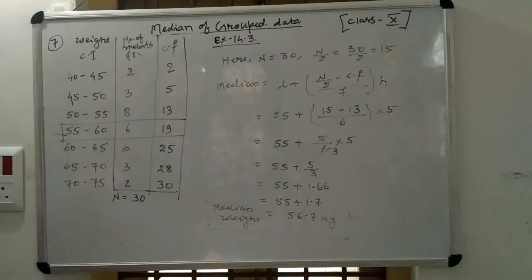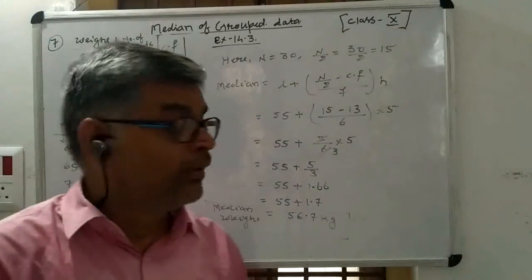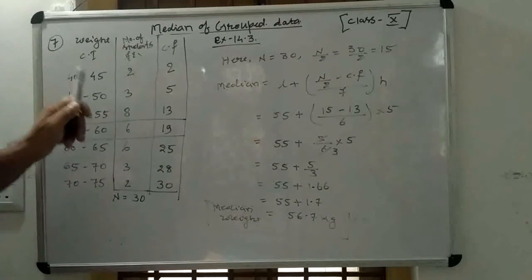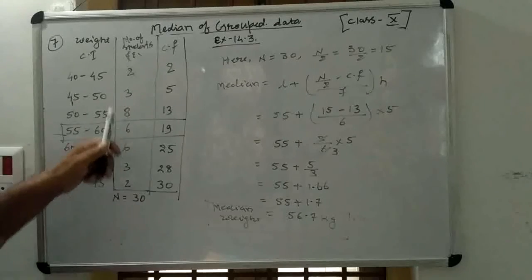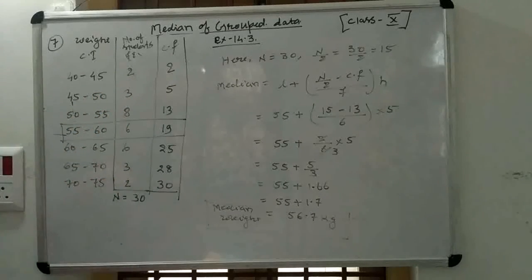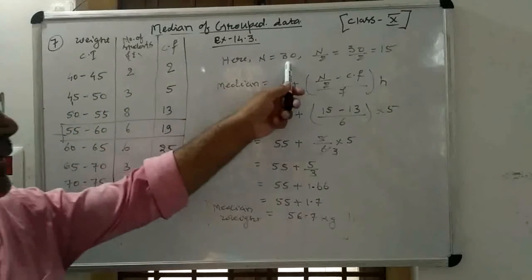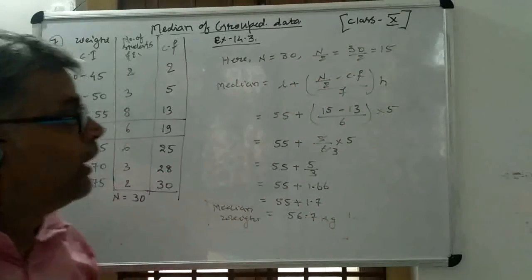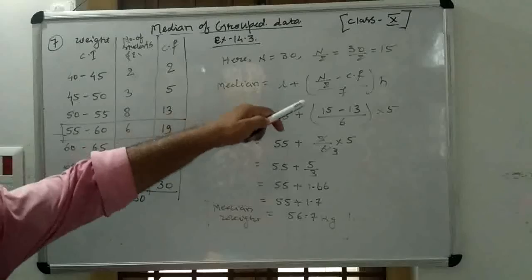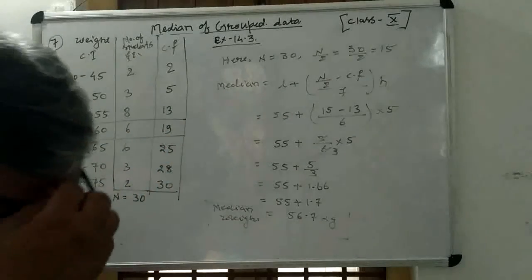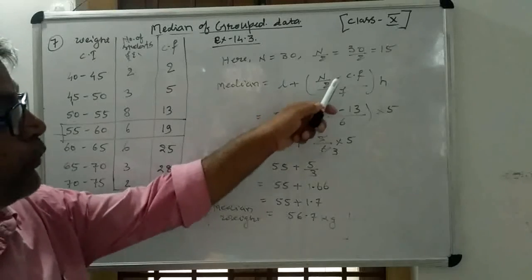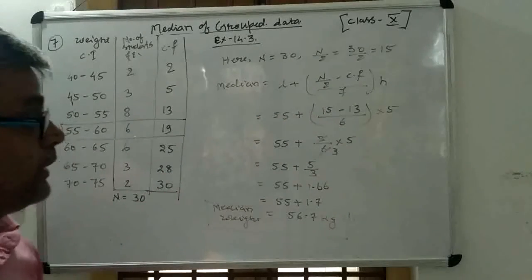So in this way we have solved this question. What have we done in this question? First we prepared the cumulative frequency column, and after that getting the value of n by 2, which is 15, now putting all the values in the formula of median, which is L plus (n by 2 minus CF) by f into h.